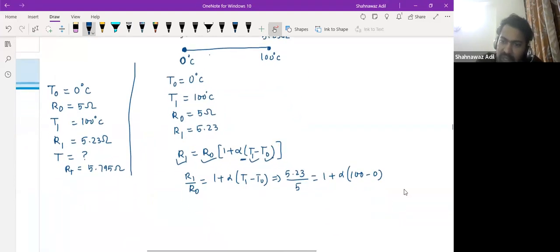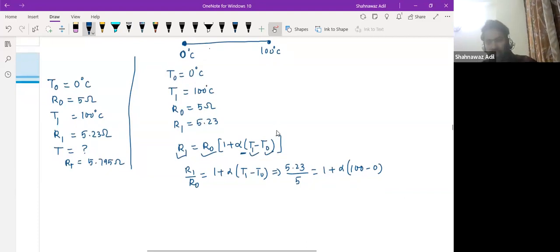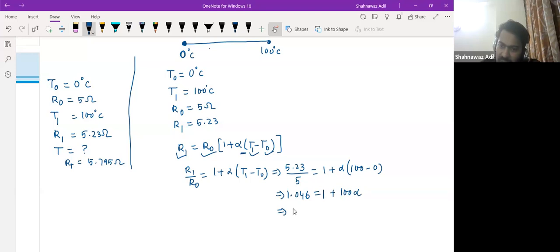How much is 5.23 divided by 5? It is 1.046 equals 1 plus 100 alpha. This is 0.046 equals 100 alpha. So alpha is 0.046 divided by 100.